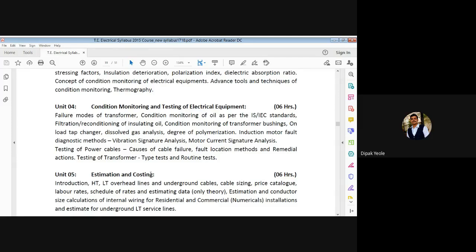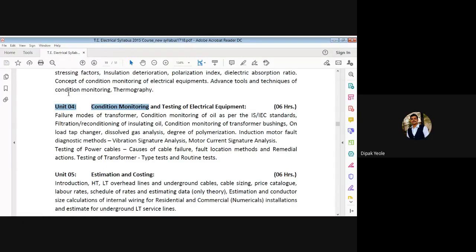You can see the syllabus of the EMD subject, and we have started with unit number 4A, which is a part of condition monitoring. I hope my voice is audible to you, and the screen is visible to you.